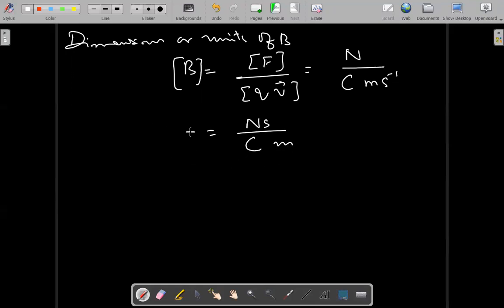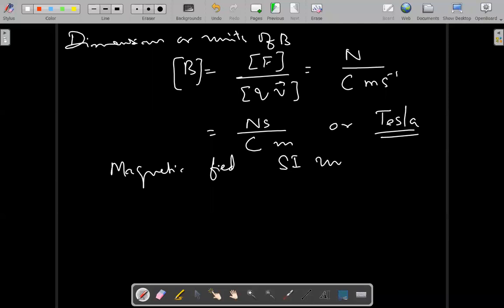Okay, these are the dimensions, and this is called 1 Tesla. Okay, the magnetic field SI unit is this Tesla. So that is about the first topic on what is a Lorentz force.